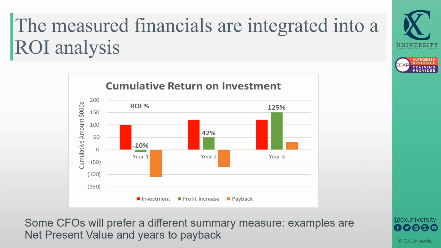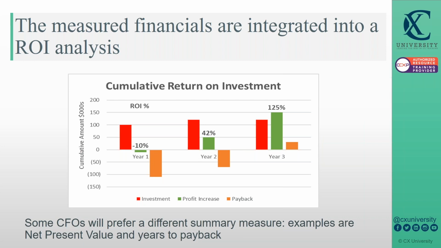The next year, you add a little to the investment, but you're starting to get the benefits of your program. You get $50,000 of profit, which is a 42% return on investment. And by the third year, you have 125% return on investment because your incremental profits have more than surpassed the investment.